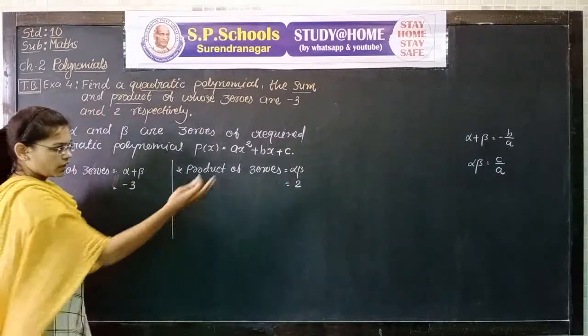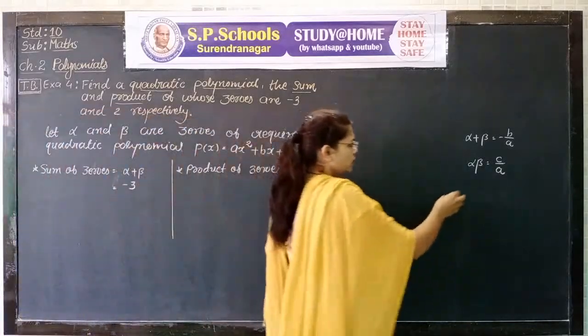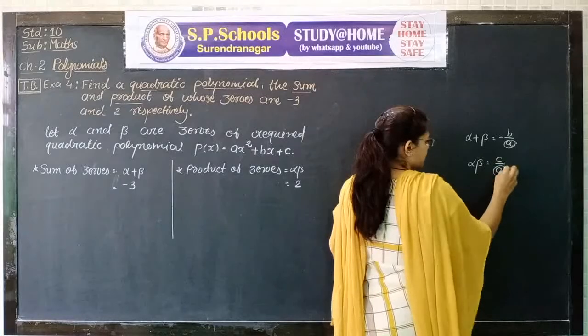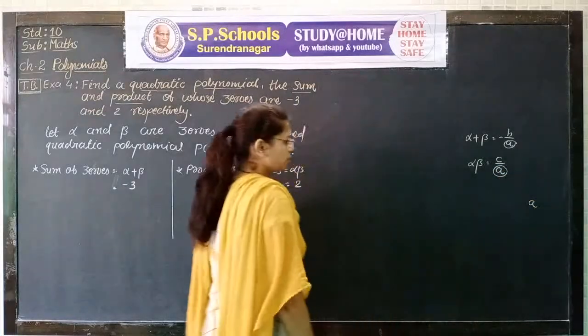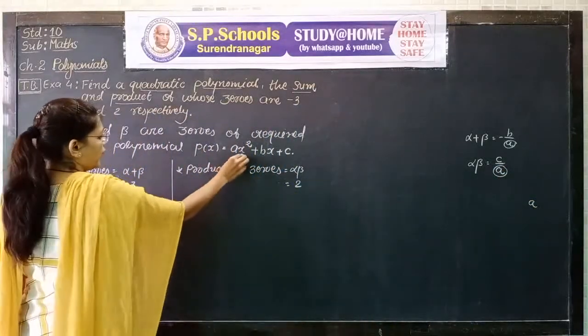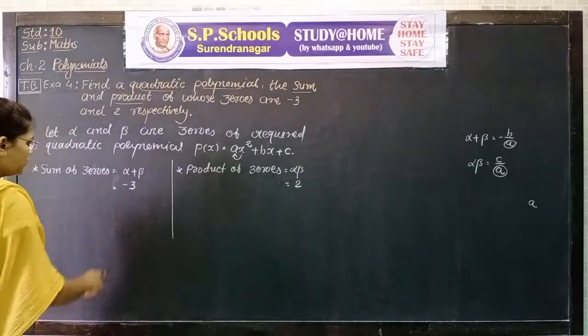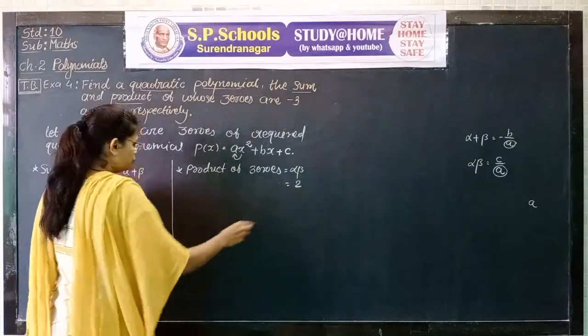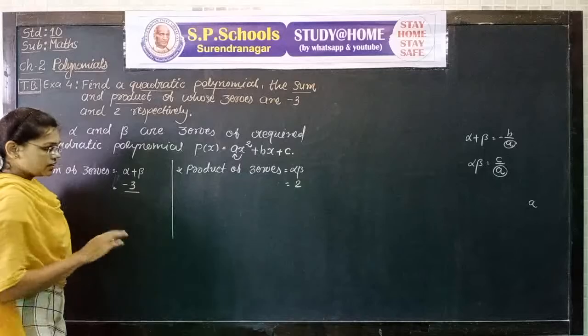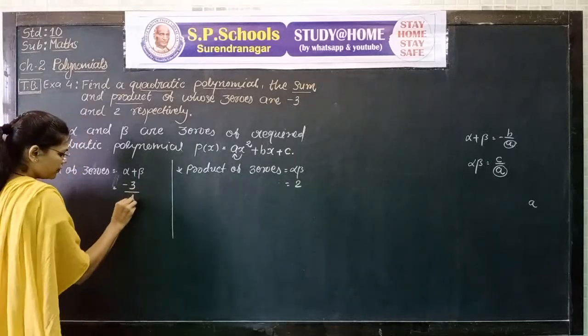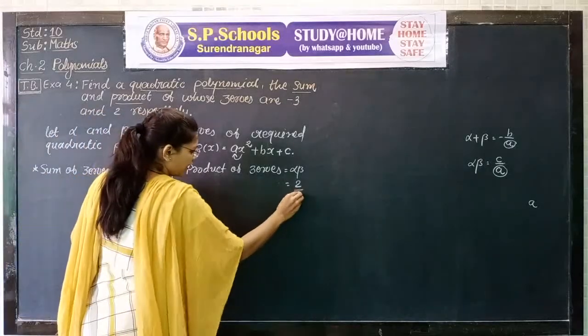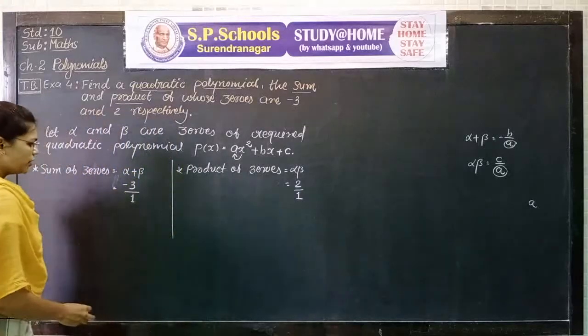Now see, from our formula, both denominators contain the same a. A means the coefficient of x square. Here -3 and 2 have no denominator. That's why we have to put 1 and 1 in both denominators.